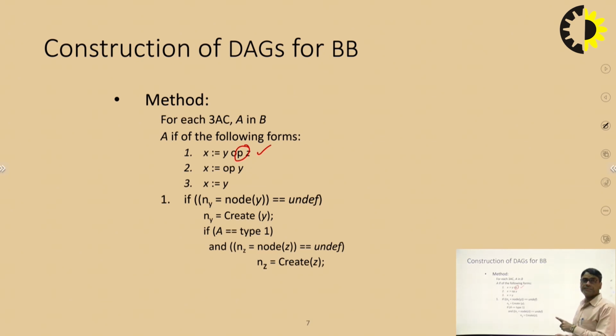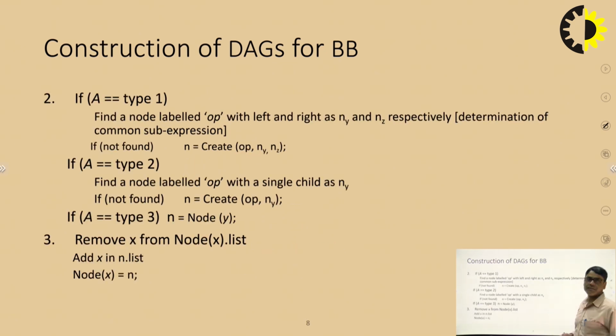If it is 1, if it is 2, then create only left child. If it is 3, you have to just associate one particular label with the given x. So that is given if a equals to type 1, if a equals to type 2, and if a equals to type 3. And these are very simple algorithms through which you can generate a particular DAG.